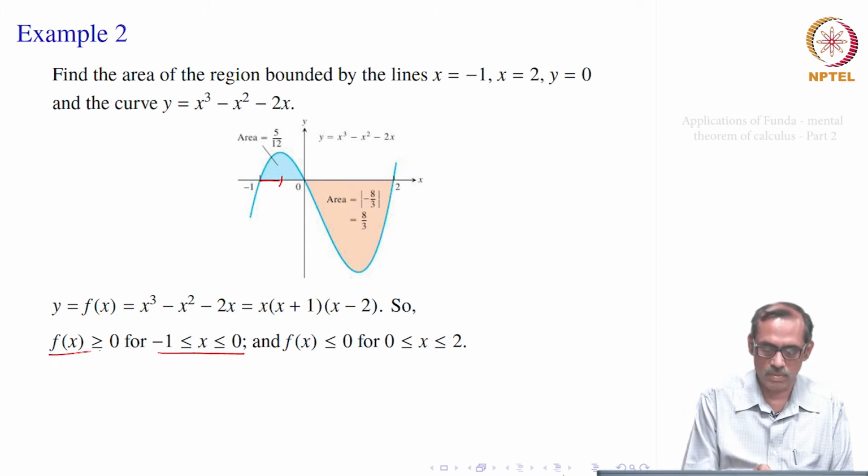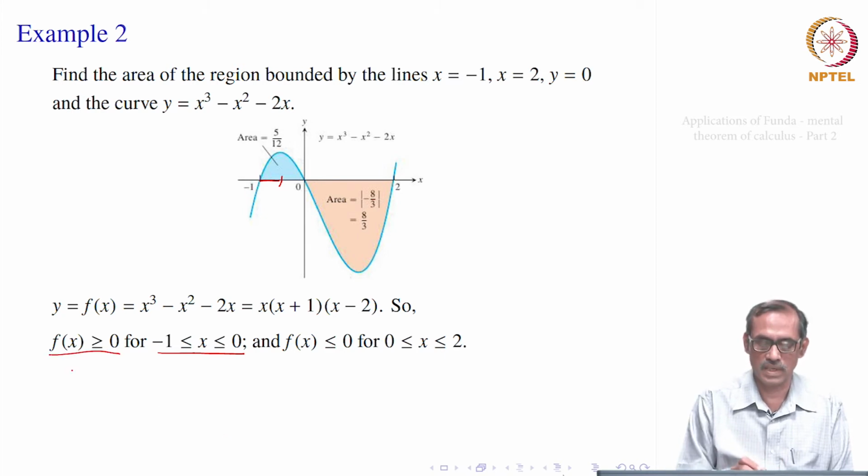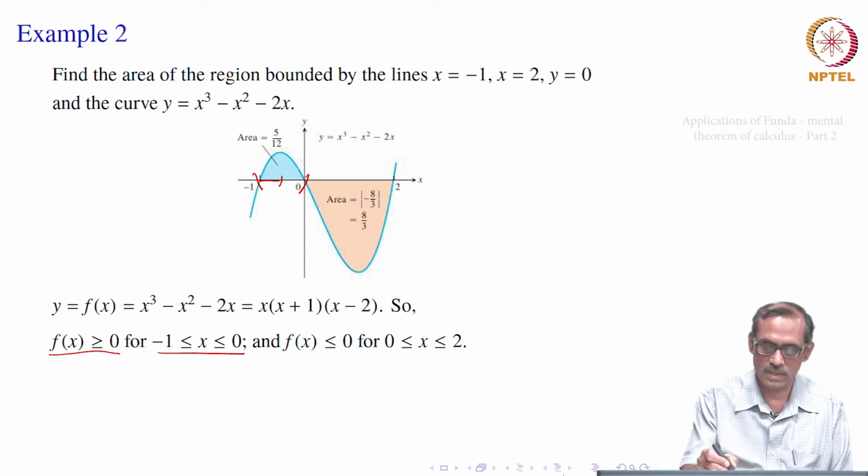So, their product will be positive, that is f x is greater than or equal to 0. At some point it can be 0, namely 0, and also at minus 1. So, f x is greater than or equal to 0 for minus 1 less than or equal to x less than 0. That is what the graph also says.